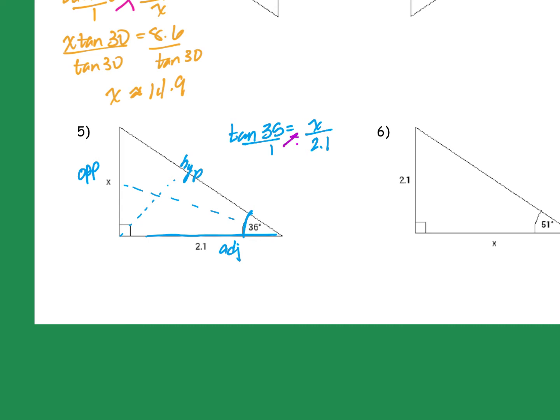So I'm going to cross multiply, and I'm going to get x equals 2.1 times tangent of 35. So that's going to be approximately equal to 2.1 times tangent of 35 is 1.5.